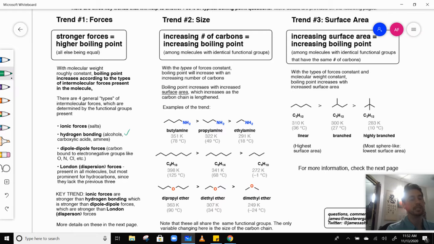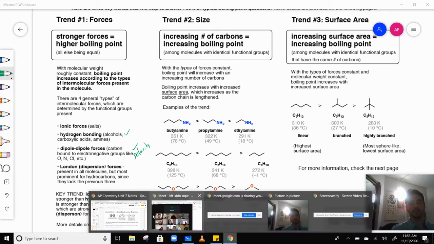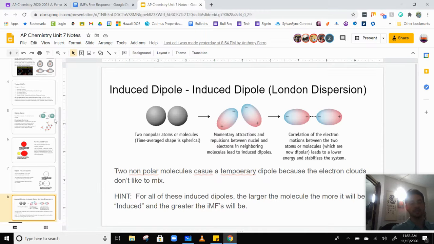If you see hydrogen bonding, that's the next strongest. Then after that, you have dipole-dipole, so whichever one has the biggest electronegativity differences, so the polarity. And then finally, those London dispersion forces.